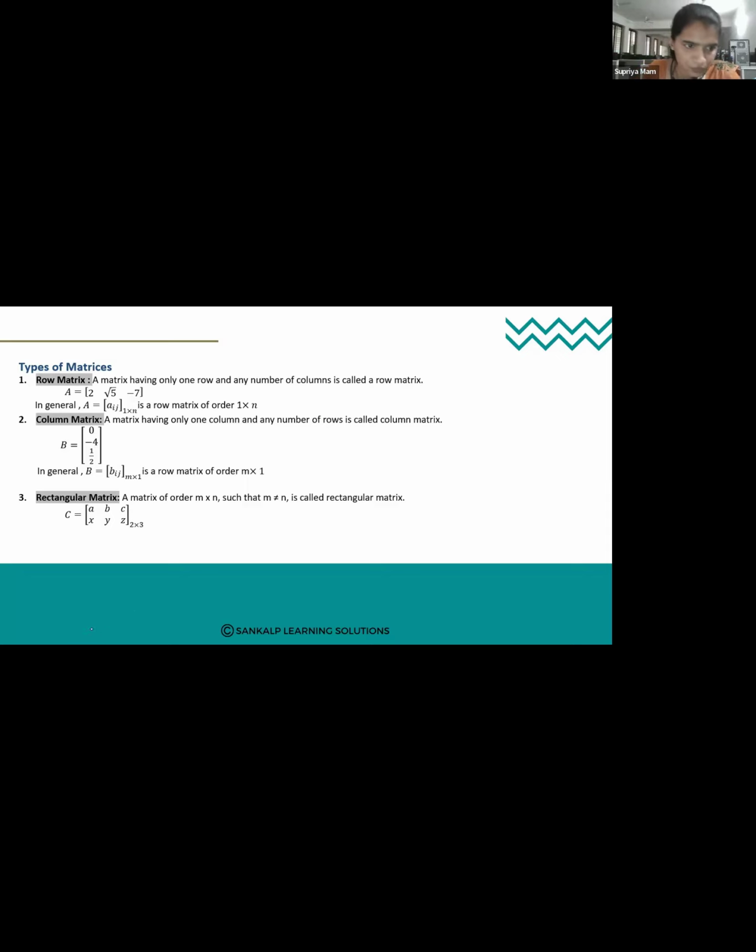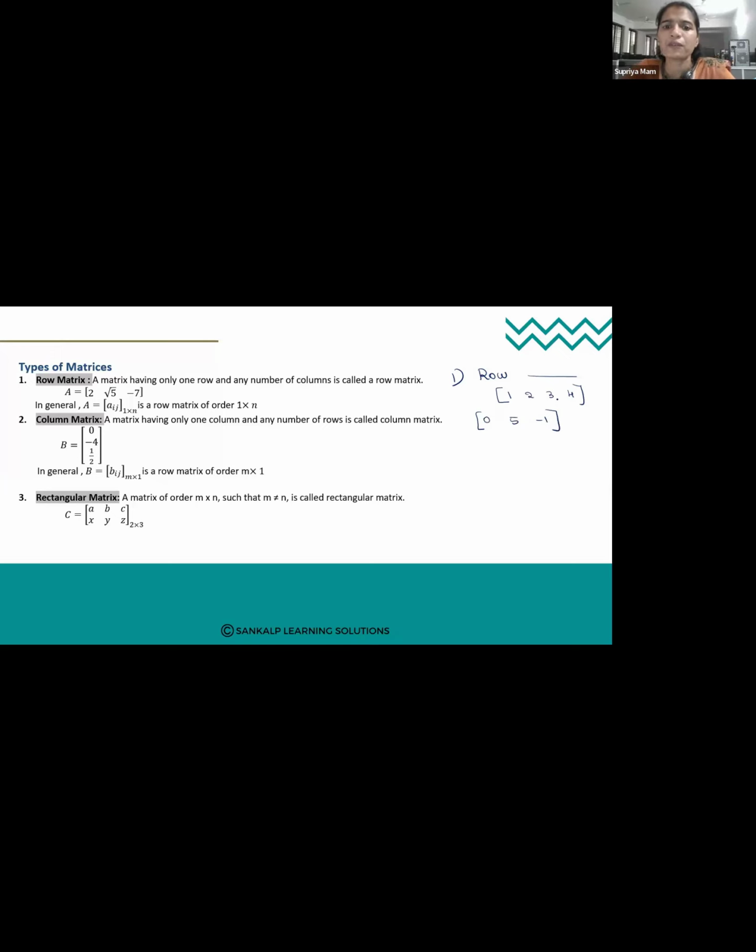First one, row matrix. Row matrix in the sense matrix consisting of single row, any number of columns. For example, matrix 1, 2, 3, 4. Matrix 0, 5, -1.